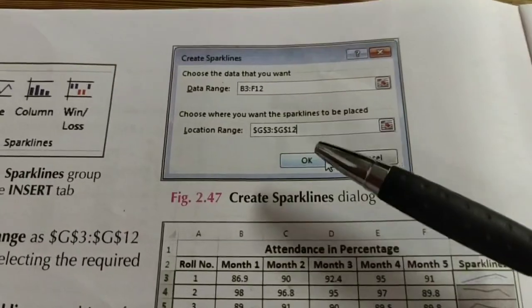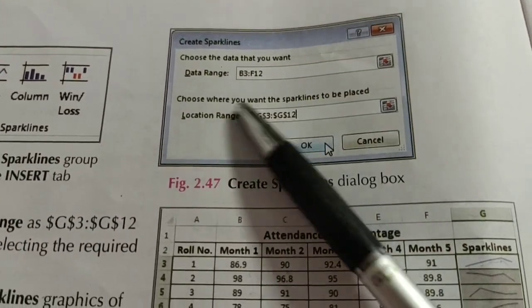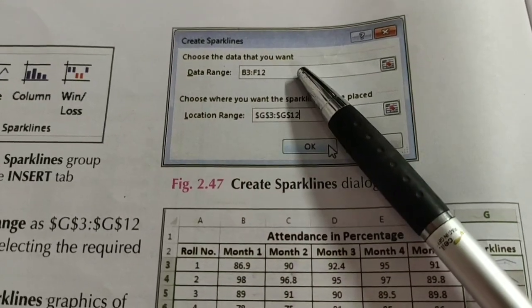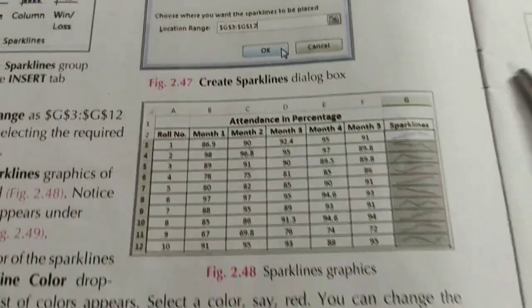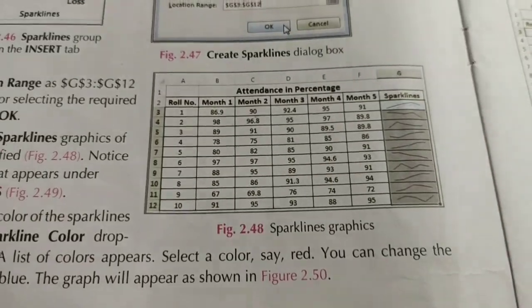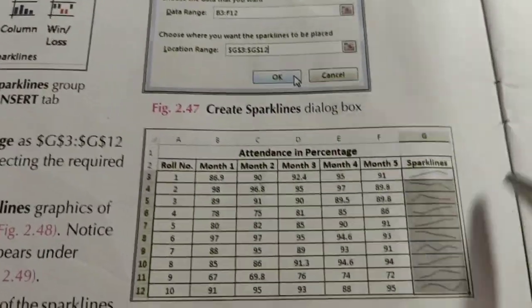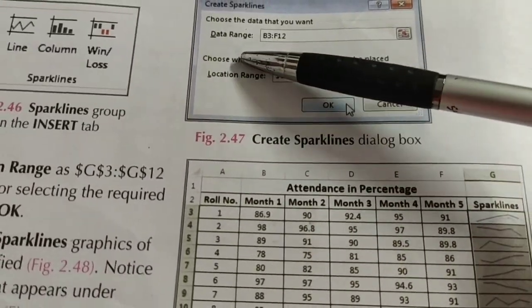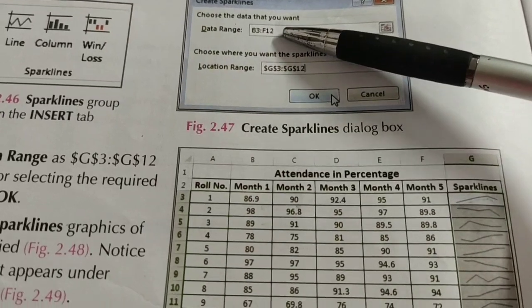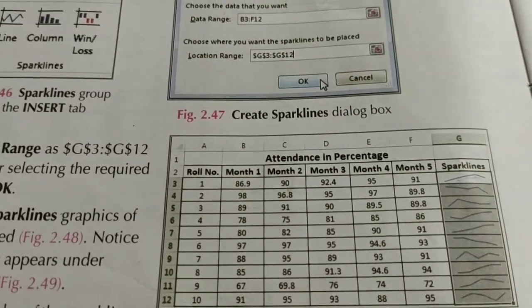After clicking on OK, you will get this one: choose the data that you want. This is the data, the previous data only, same data. First you have to choose which data you want.